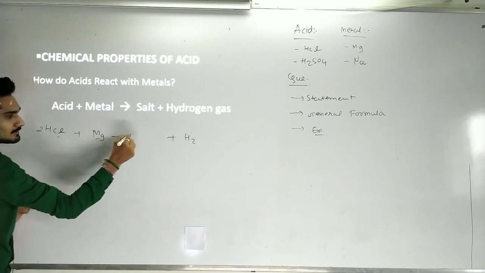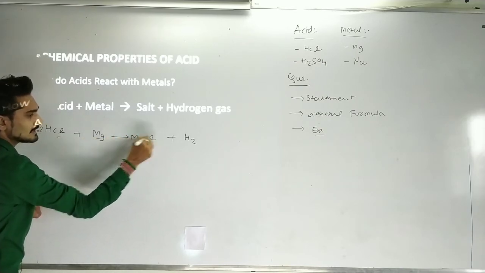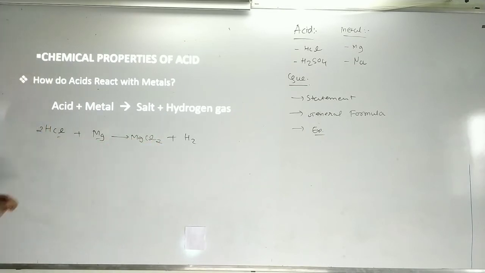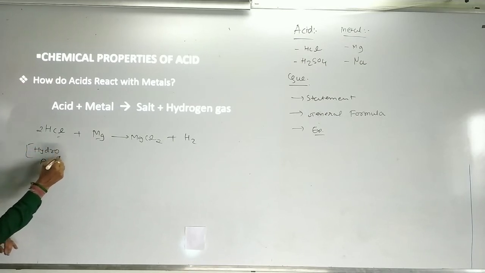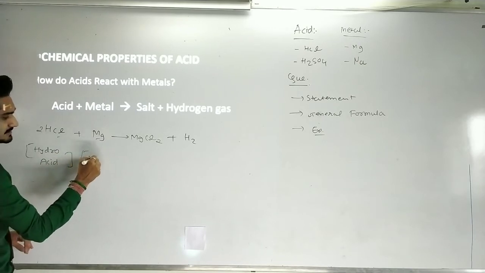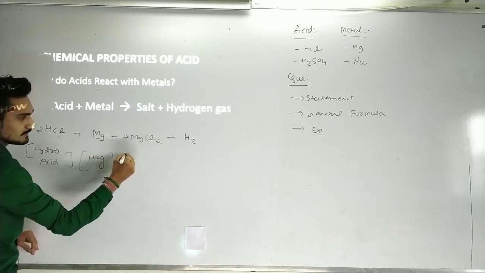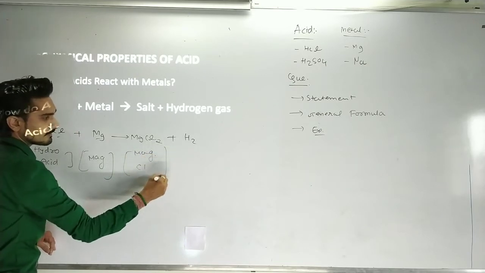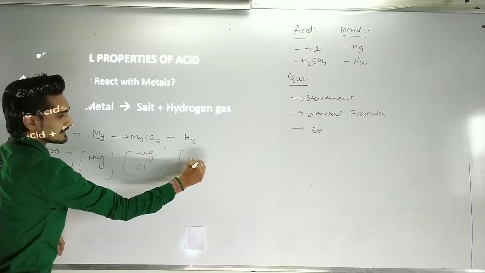Now what are the remaining byproducts? MgCl, and 2 is connected with chlorine also, so MgCl2. So I can write that it is hydrochloric acid, it is magnesium, it is magnesium chloride, and it is hydrogen gas.